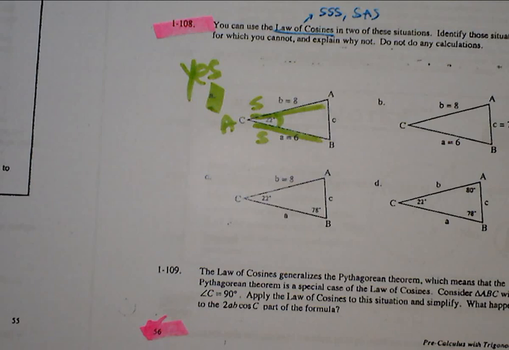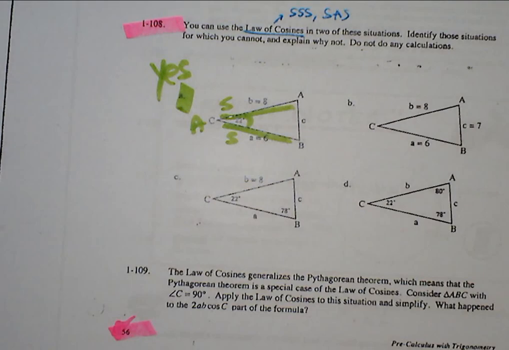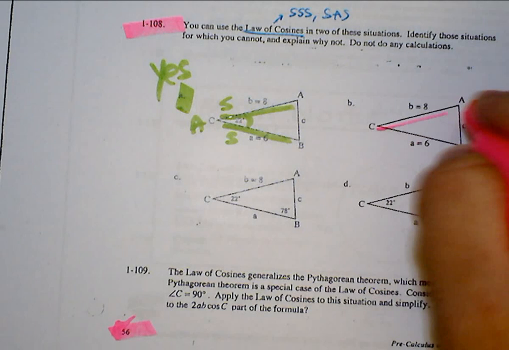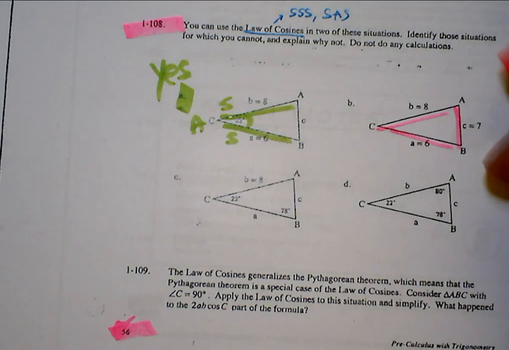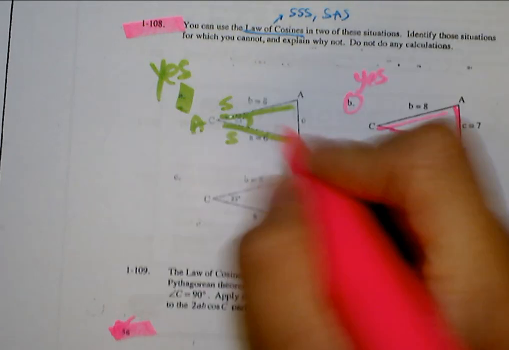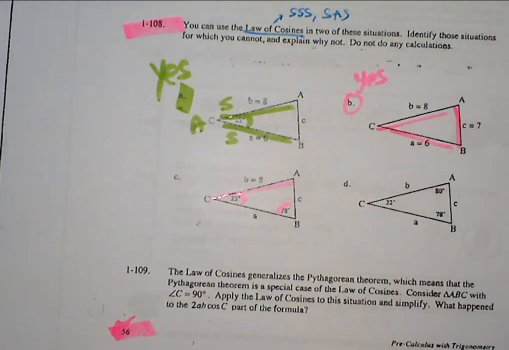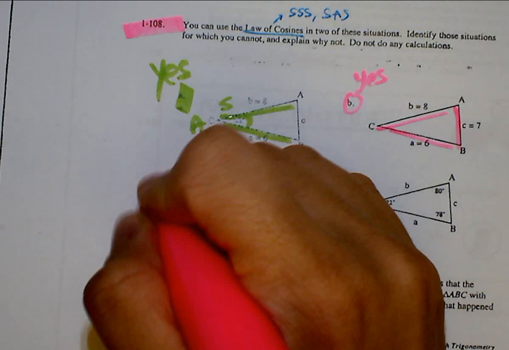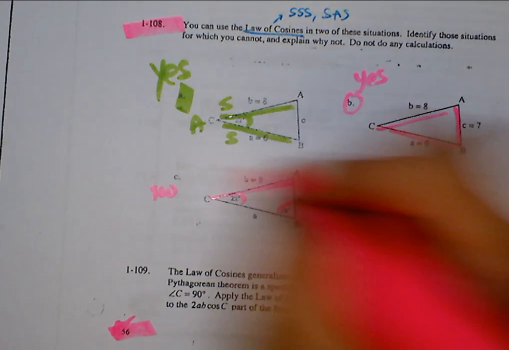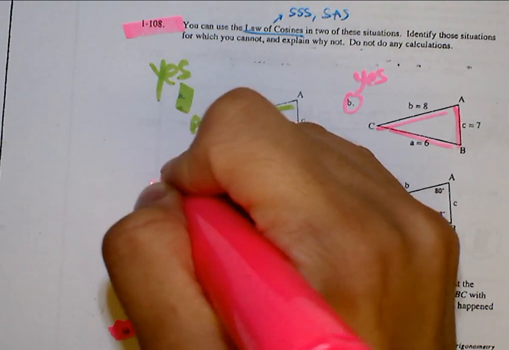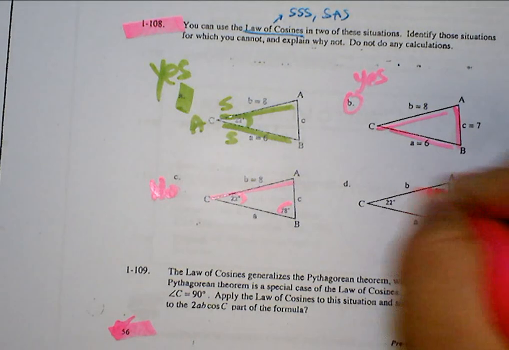This one is side, side, side, so that one should work. This is angle, angle, side, so I don't think it works. No. And this one is angle, angle, angle, and I don't think that works either.